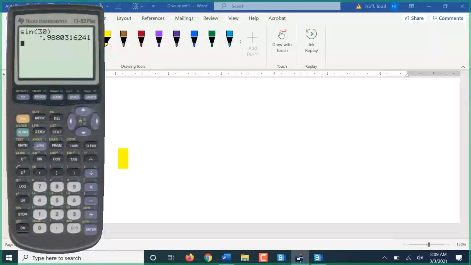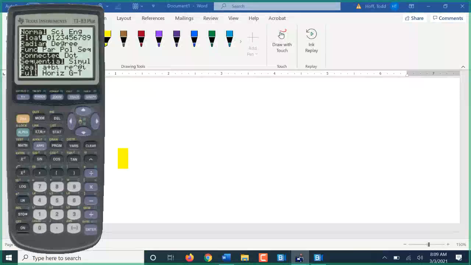I got a strange answer there, a negative 0.98803, whatever. There's a reason my answer is strange. That is not the correct answer. The reason it's strange is if you go into your mode, you'll see that I am set into radian mode. My angle was given in degrees. So you have to make sure your mode is set to degrees. 0.5 is the correct answer. So now that I'm set to degrees, I go sine of 30, and I do get 0.5.